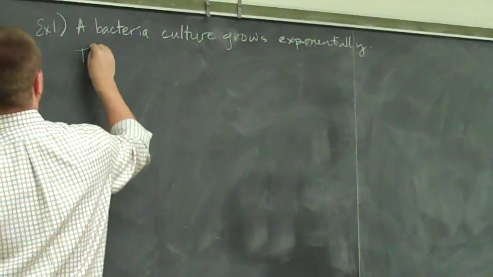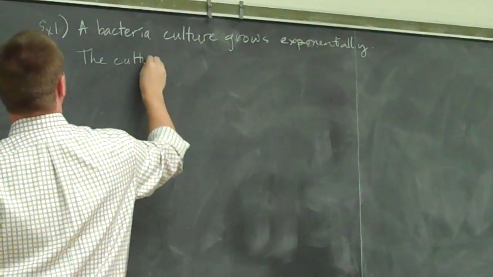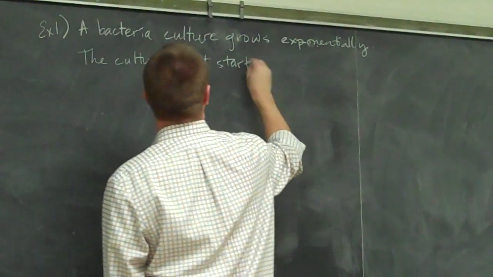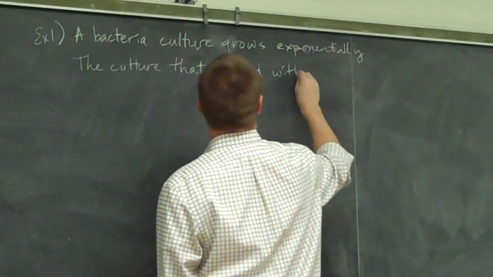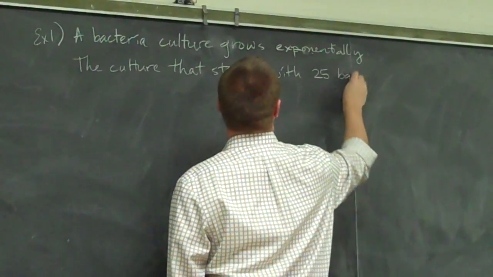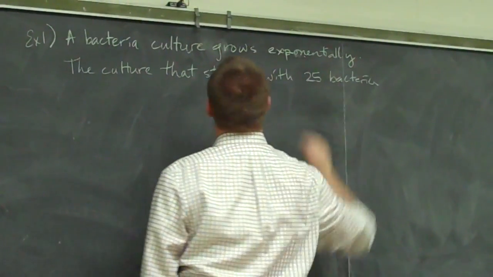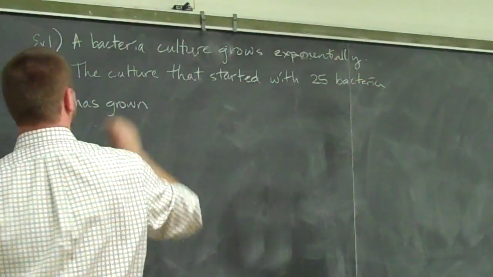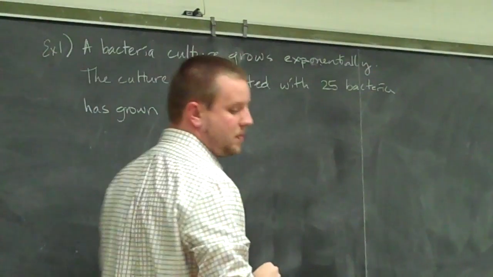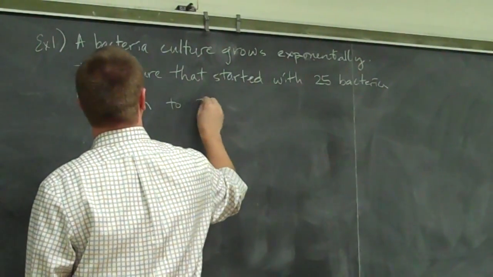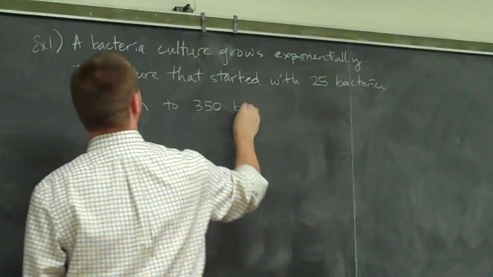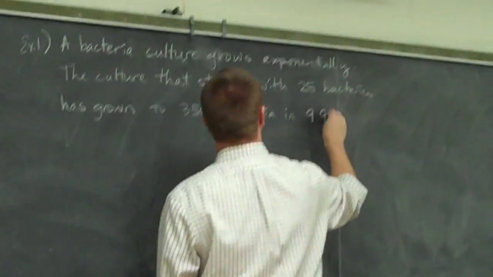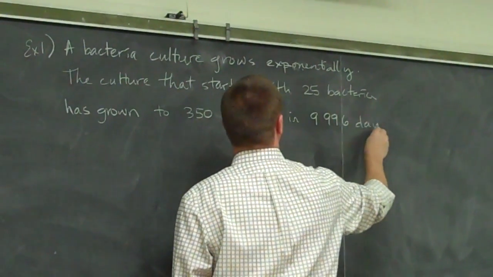So let us then say the culture that started with 25 bacteria has grown to 350 bacteria in 9.996 days. We were very precise when we were counting.